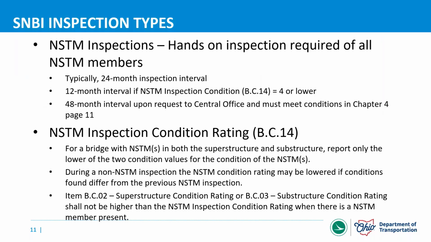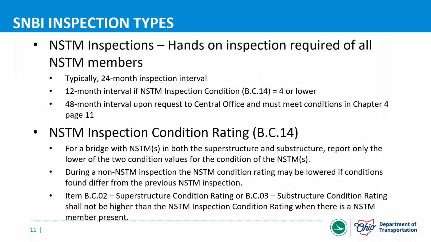An important note that we added to the manual: if during your routine inspection, maybe you're not doing an NSTM inspection, but if you see NSTM condition ratings that are not accurate with the previous NSTM condition rating, you can possibly update that 9 through 0 rating for BC 14 without actually doing a full NSTM inspection. So just reinforcing that you don't actually have to be doing a full NSTM inspection to, possibly, lower that rating if necessary.